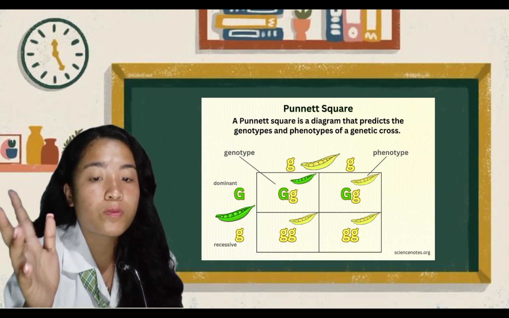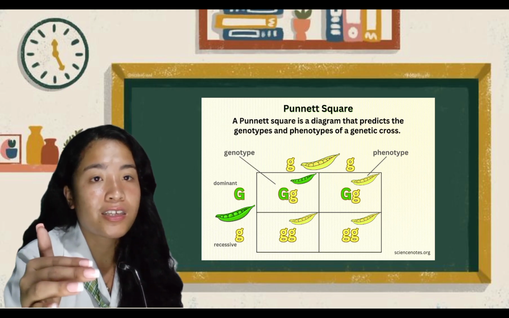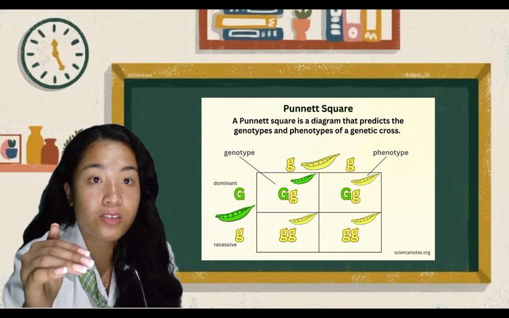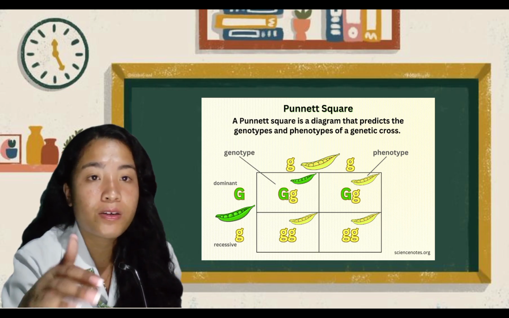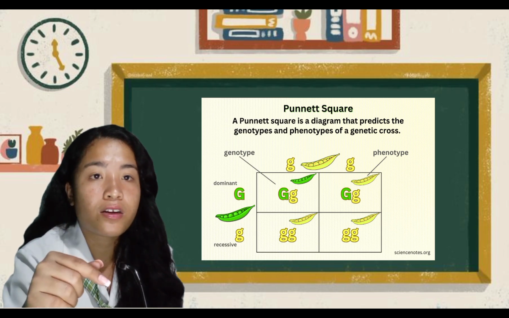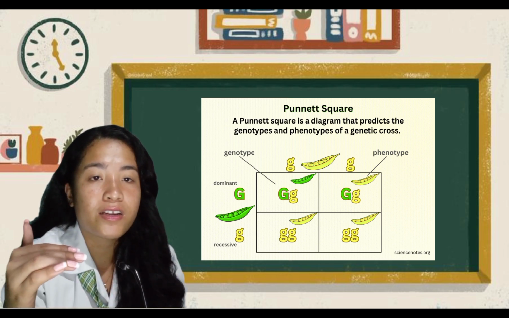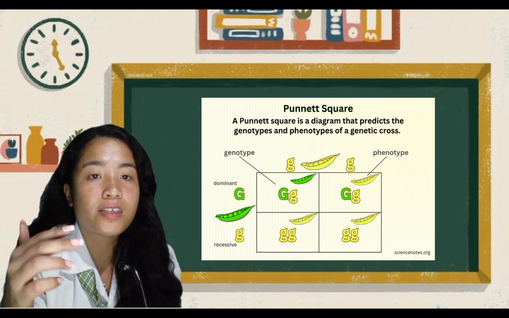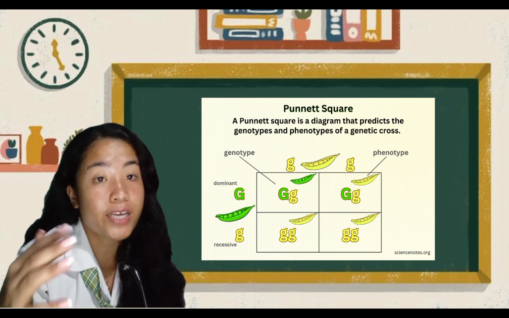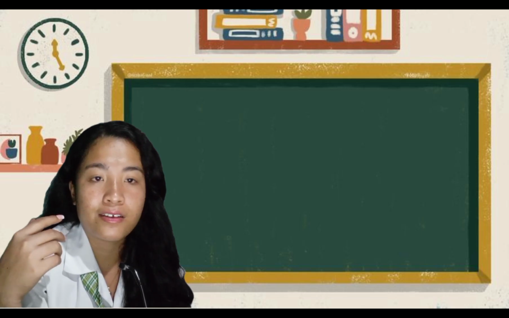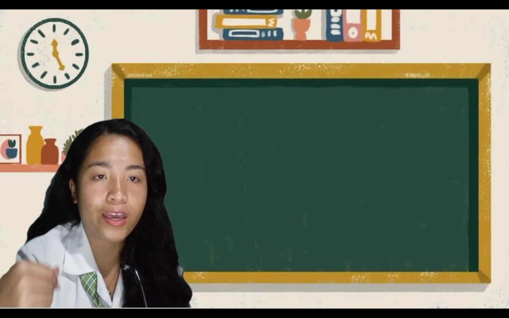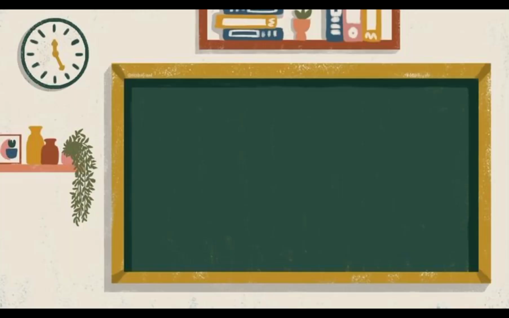So there would be possibilities that the pea plant is green in 50% and yellow in 50%, because the offspring are being divided. There are probabilities that the phenotype of the offspring will be yellow and green. Do you understand, class? Okay, let's continue.